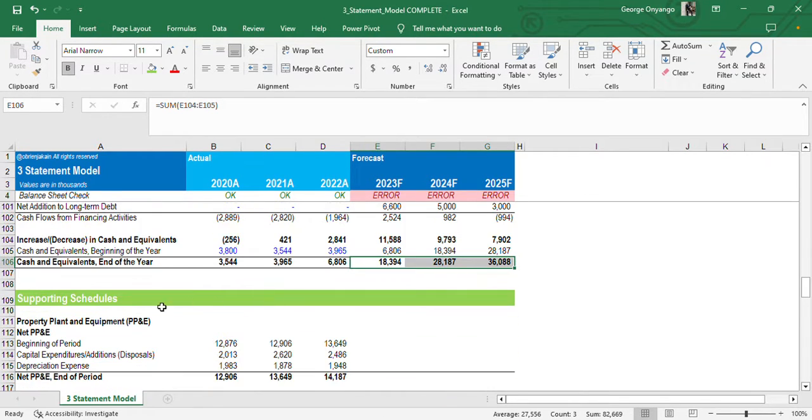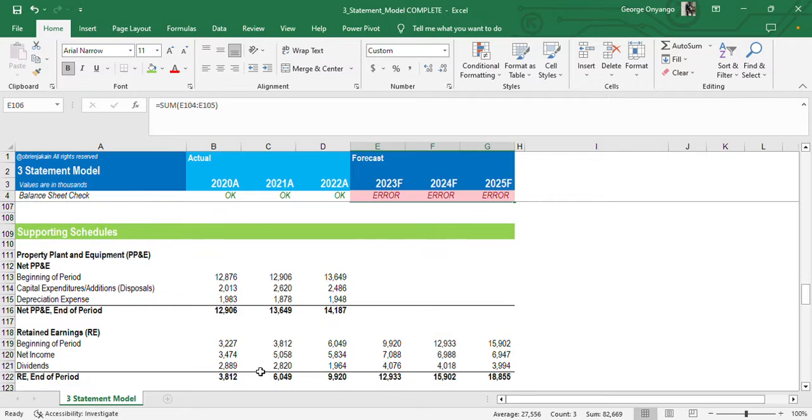So to get that, we have the supporting schedule, which helped us earlier to get retained earnings. So first of all, what we are going to do is get the values of the net property, plant and equipment.